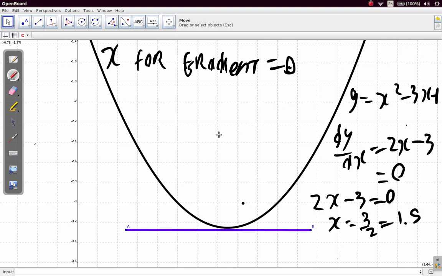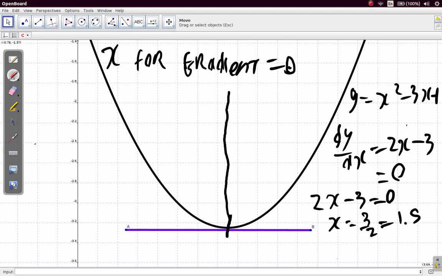Let's see if we could be right. Now remember, what we're looking at is right here. It's supposed to be a straight line. Let me see if I can draw it again. Draw it more slowly.